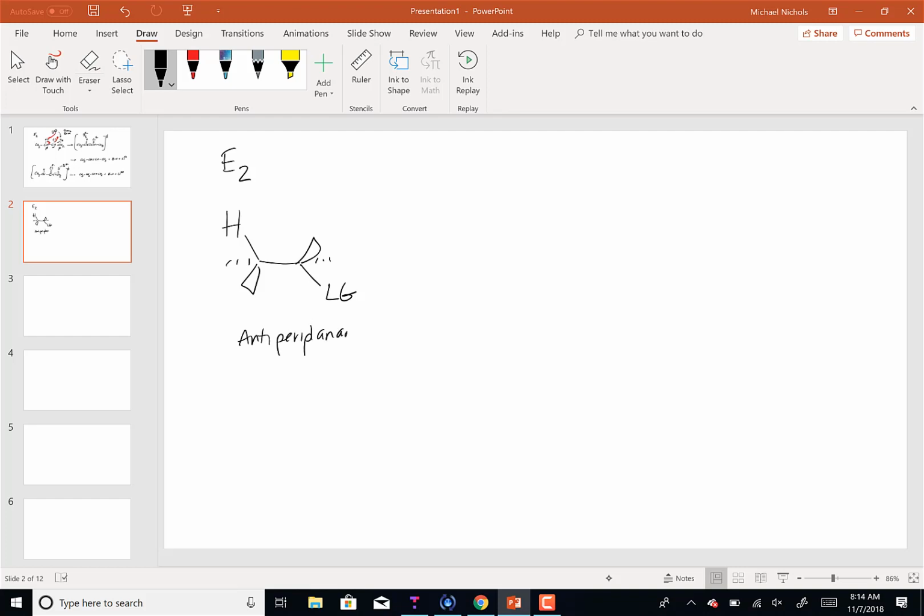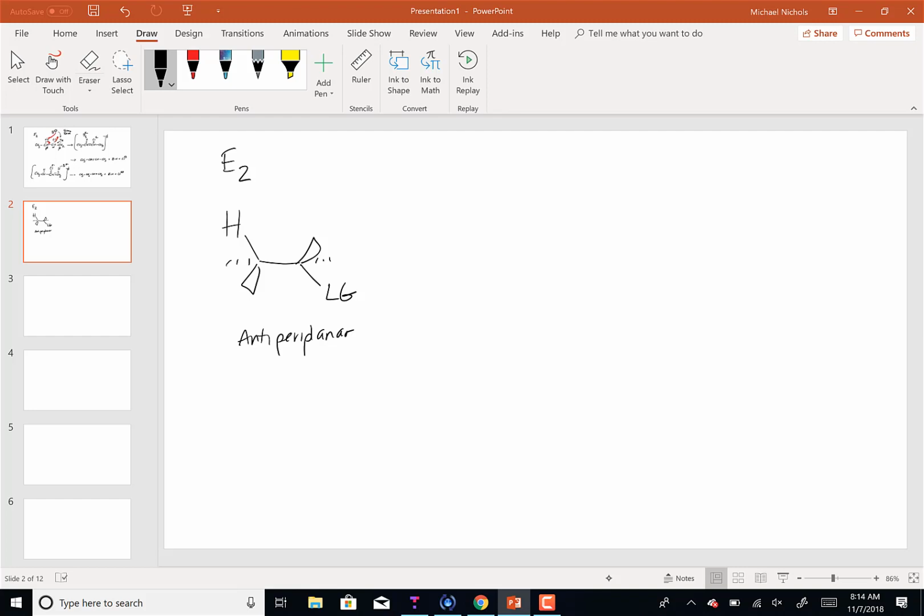And sometimes books use the term co-periplanar or periplanar. I always use anti-periplanar, and I don't even really need to do that because when we learned about Newman projections, anti meant that the hydrogen and the leaving group were opposite each other. So the beta hydrogen has to be anti the leaving group.